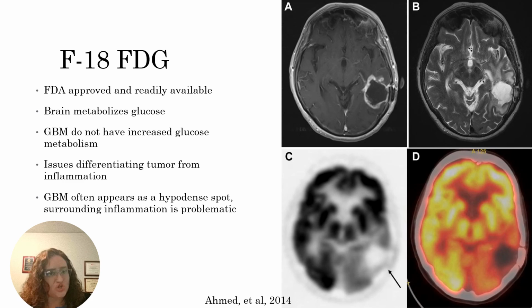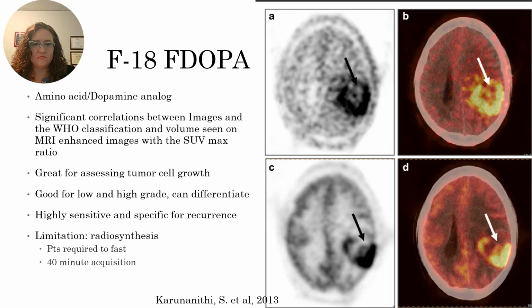So sometimes they will show up the same, sometimes they will show up as hypodense, and inflammation around it will get taken up by the FDG. And so there's issues imaging with it and differentiating between what's tumor and what's inflammation. And so that's problematic for FDG, even though it is useful in some cases.